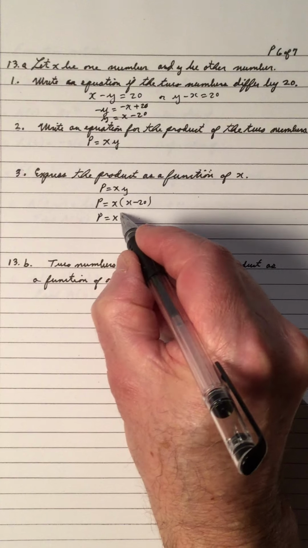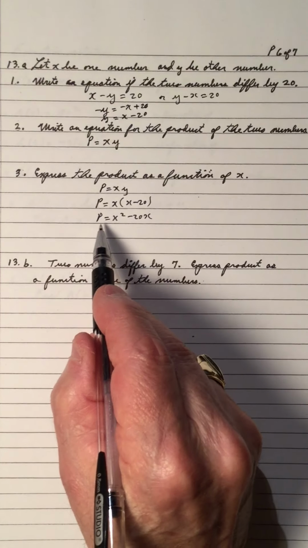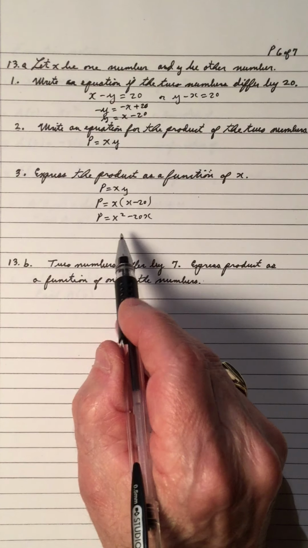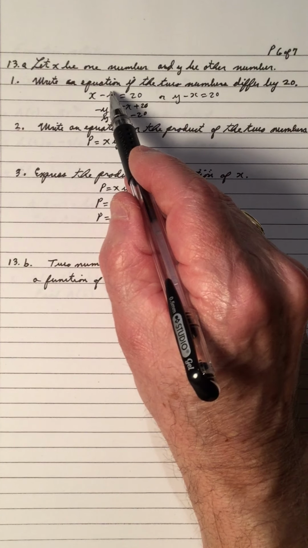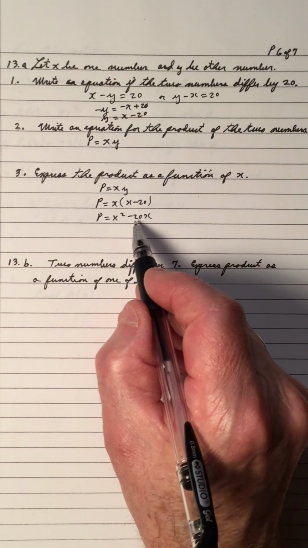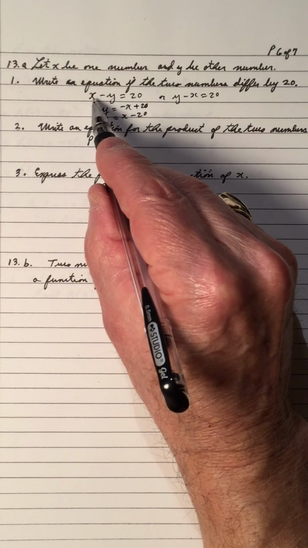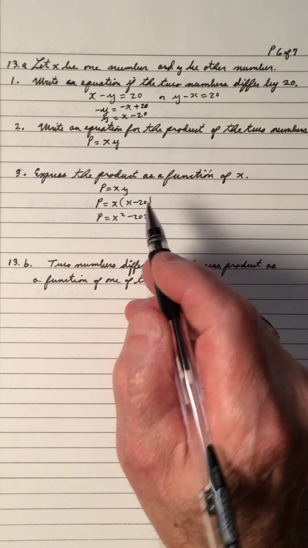So the product is x squared minus 20x. So the product is a function of one of the numbers. Right here, the product is a function of the two of them. But solving this equation for y allows me to have the product as a function of x. I could solve this equation for x and sub it in here. Then the product would be a function of y.